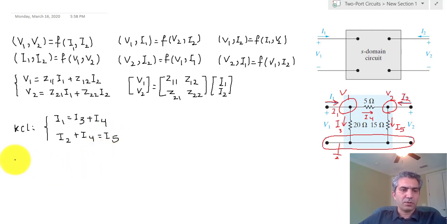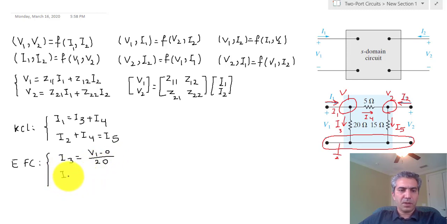Now, as for the equations for components, we only have 3 resistors, so we're going to have to write 3 equations for those 3 resistors. So I3 is equal to V1 minus 0 divided by 20.